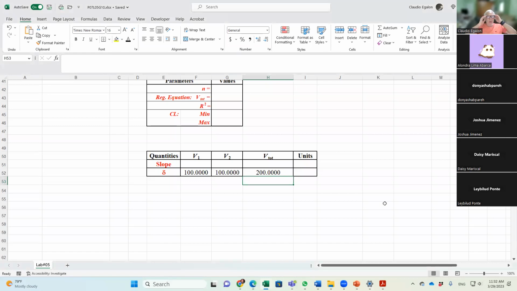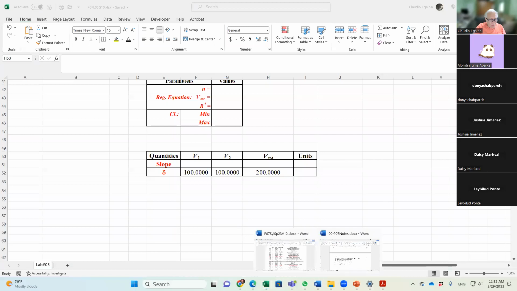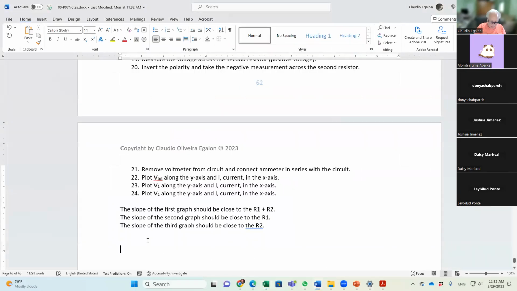So let's take another break. Let's take a 10-minute break. We have another 20 minutes when we come back. The break is from 11:32 right now to 11:42, and then let's round it up to 11:45.